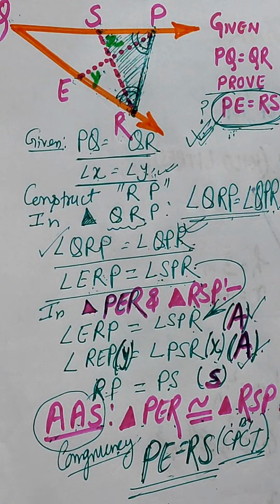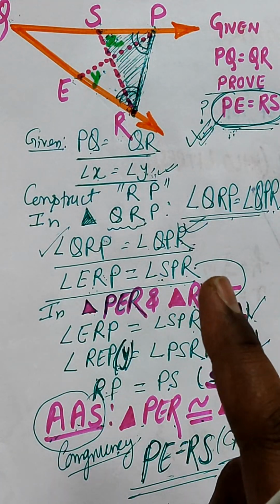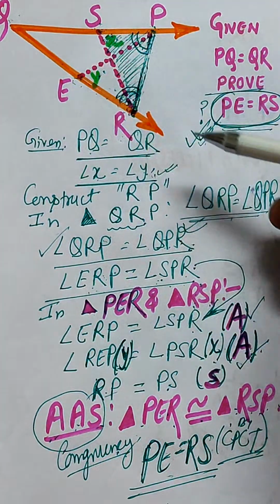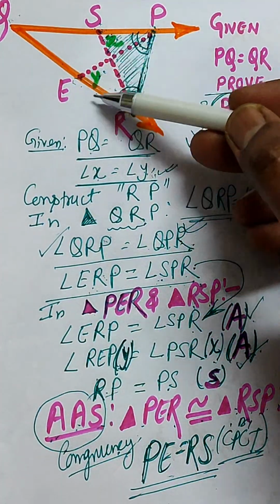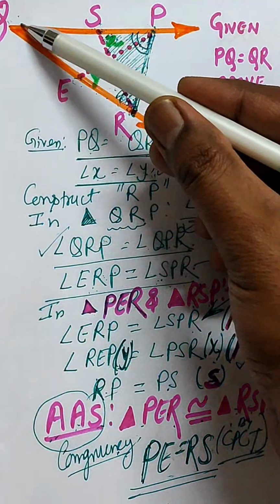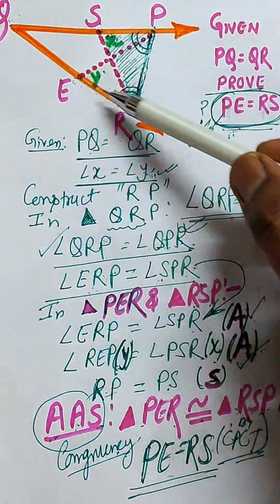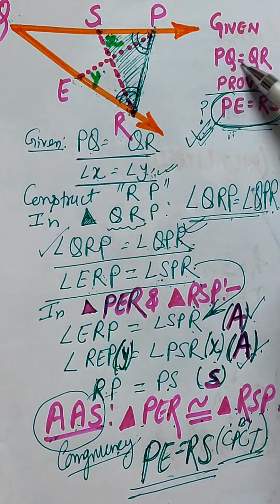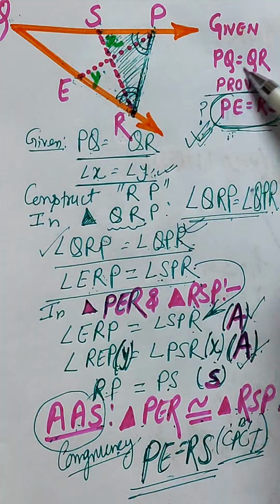It's very simple, only one concept is applied over here, that is, the angles opposite to the equal sides of a triangle are equal. So here QP is equal to QR. Since PQ is equal to QR, this condition is given to you in the question.